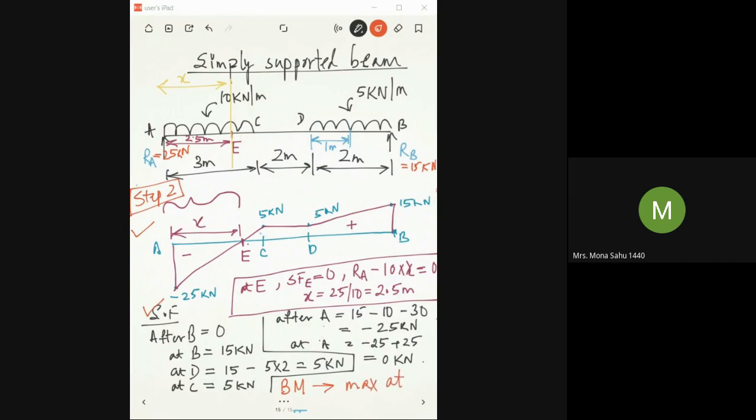Please remember this: the bending moment will be maximum at point E. Let me know once you finish writing, and then we'll go ahead with the bending moment diagram, because I'll have to rub this and then write.